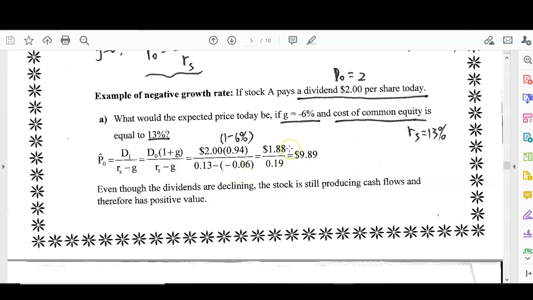So we have 1.88 divided by 0.19 as 9.89 for our stock price.